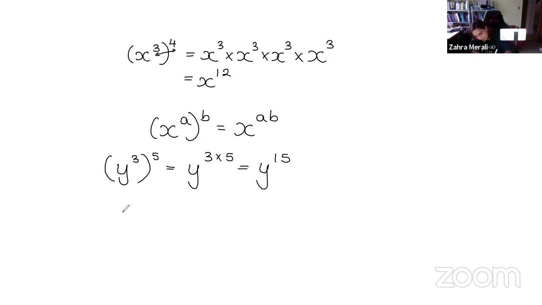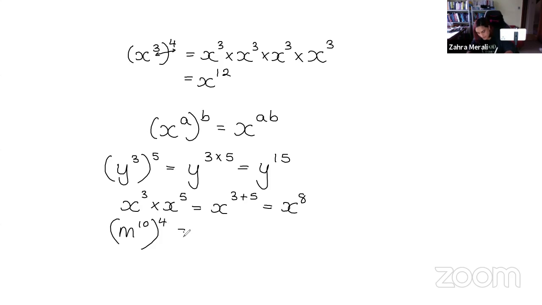If you had x cubed times x to the 5, that's simply x to the 3 plus 5, and that would give you 8. So let's mix them up. Let's take m to the 10 to the 4, and that's going to be 10 times 4, so 40. So those are the first 3 rules, and we've mixed them up and used a few examples there.